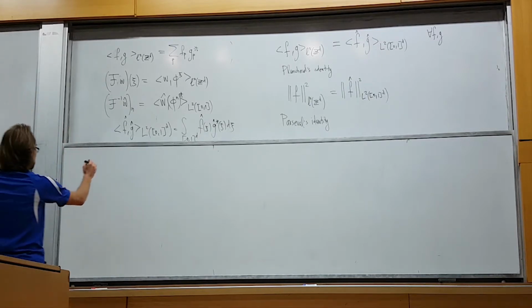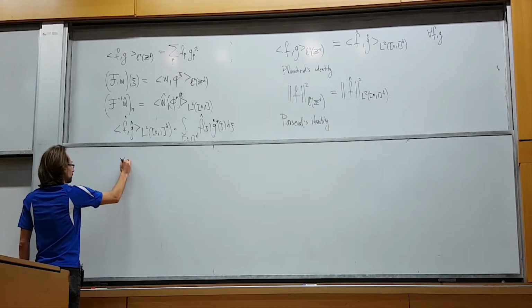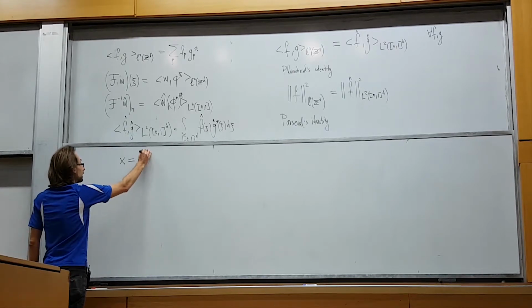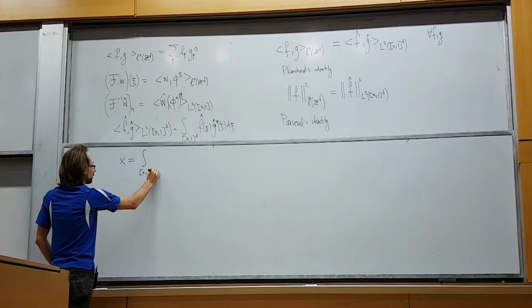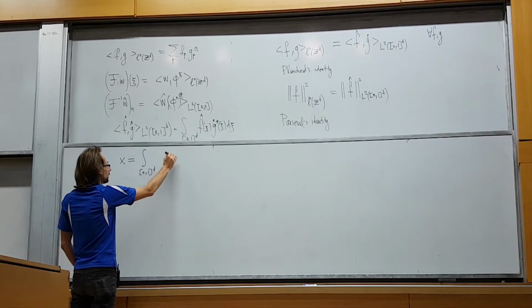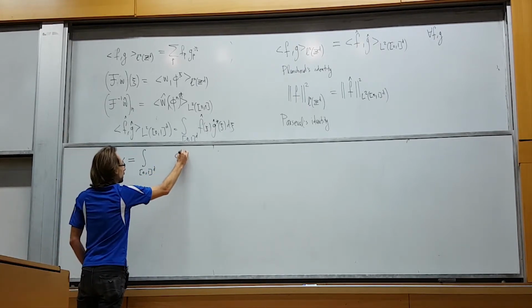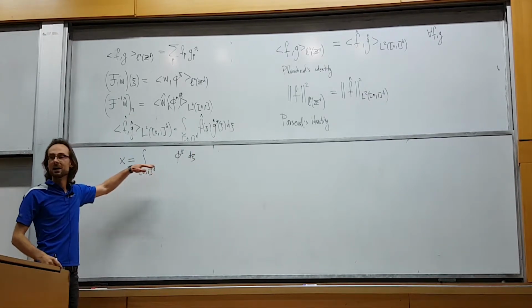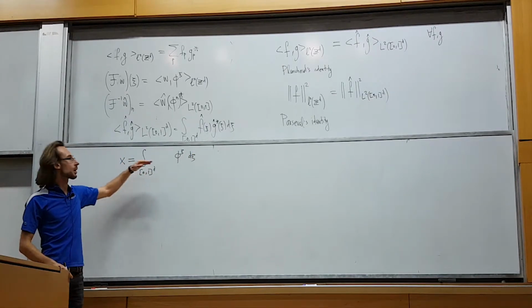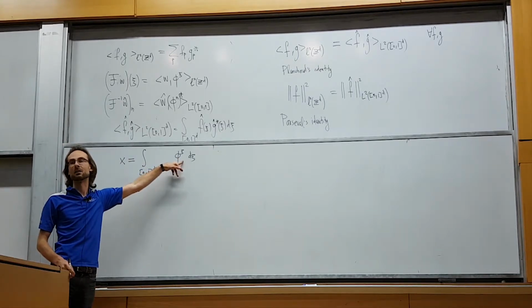So if I have some sequence x, I can write it as an integral of some coefficient times phi psi d psi. So basically, I'm writing my x as a linear combination of these basis vectors, right?